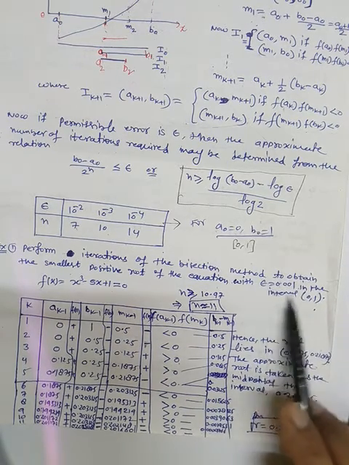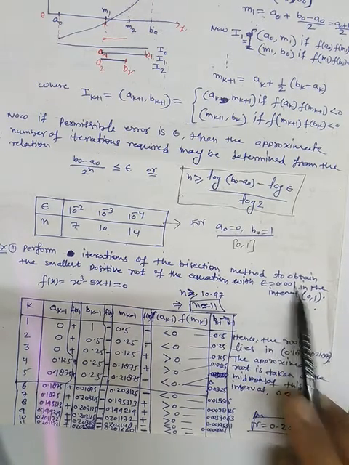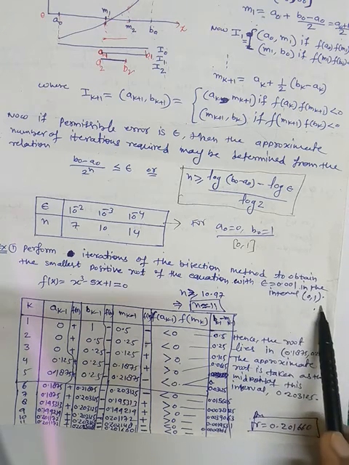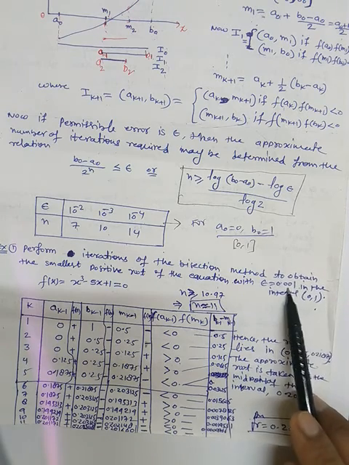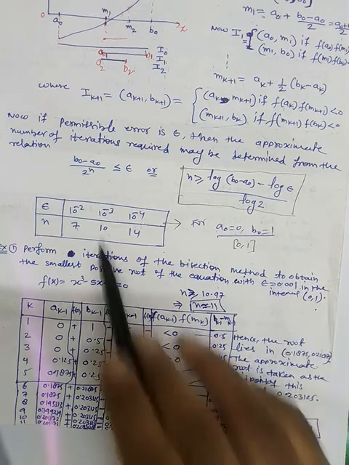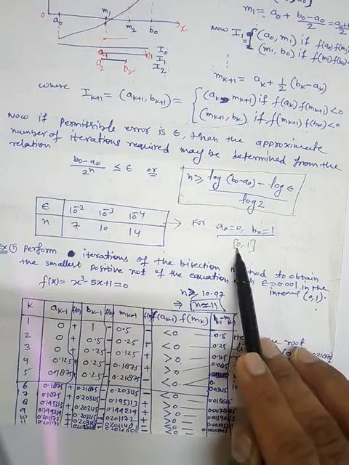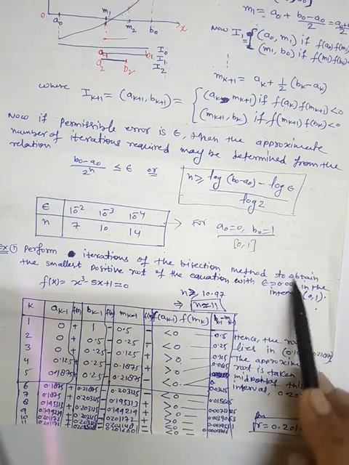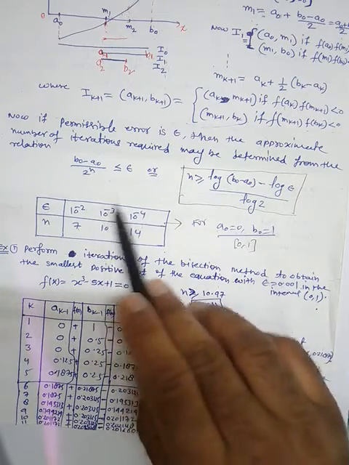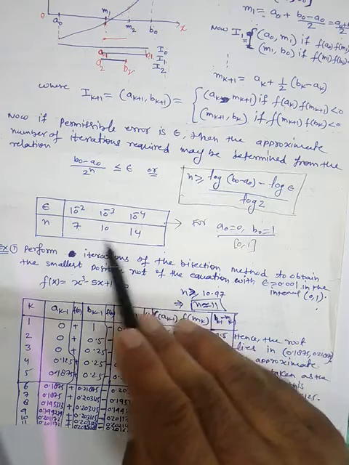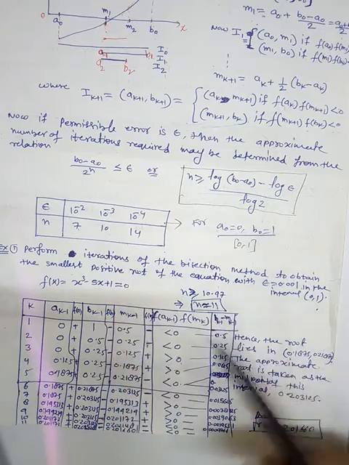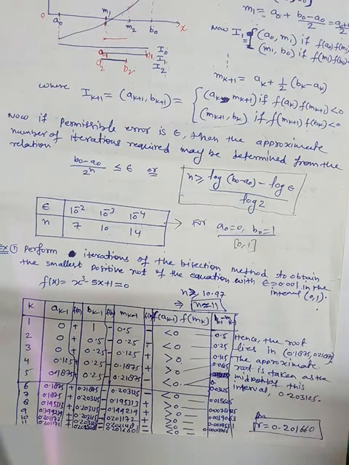Epsilon is this, the interval is this. So this is nothing but 10 raised to the power minus 3. Because this is again 0 and 1, and epsilon is nothing but 10 raised to the power minus 3, n is 10. That means you have to perform a minimum of 10 iterations.